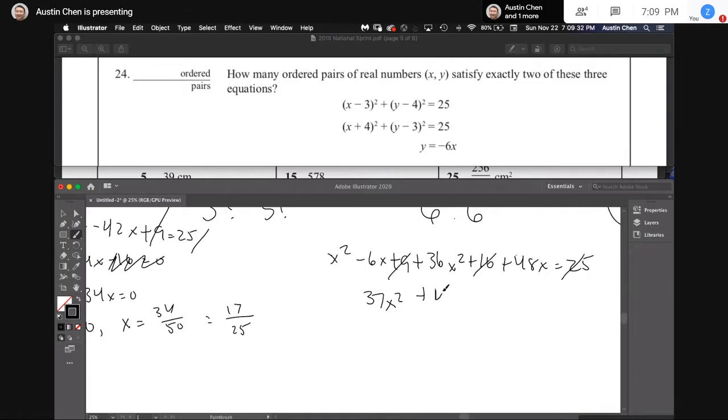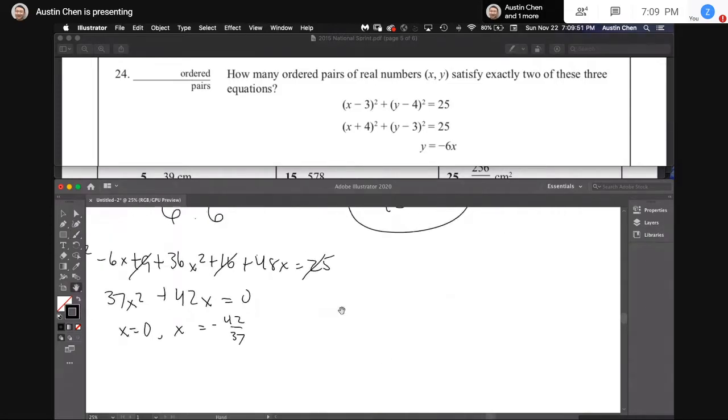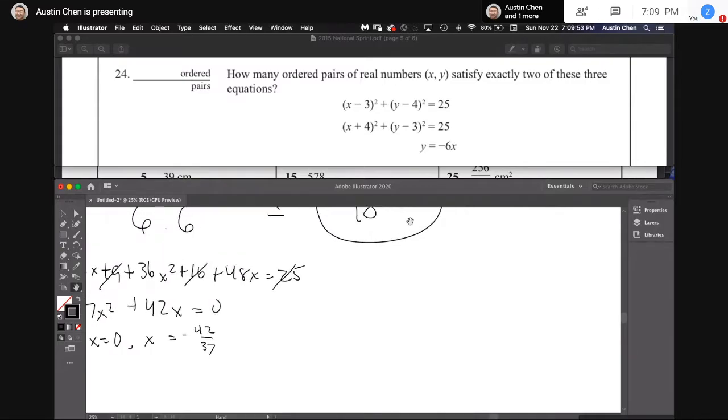Plus 42x equals 0. So then we have x equals 0 and x equals negative 42 over 37. But the x equals 0 is already counted for, right? We can still keep it, but we need to make sure we don't count it more than once this way.